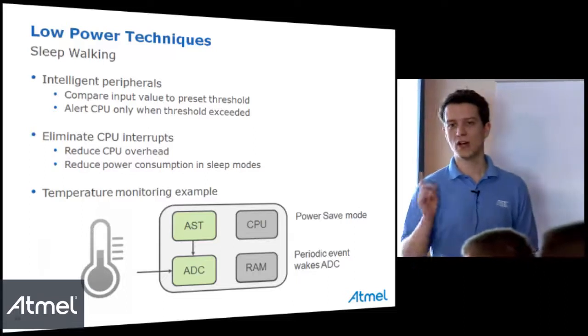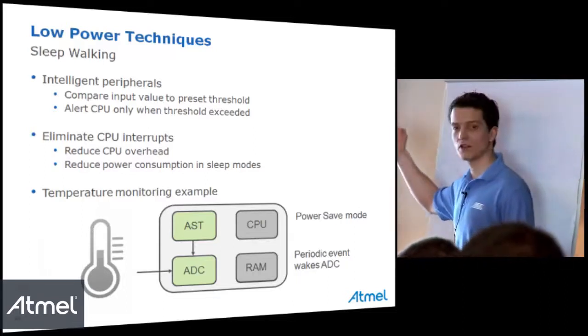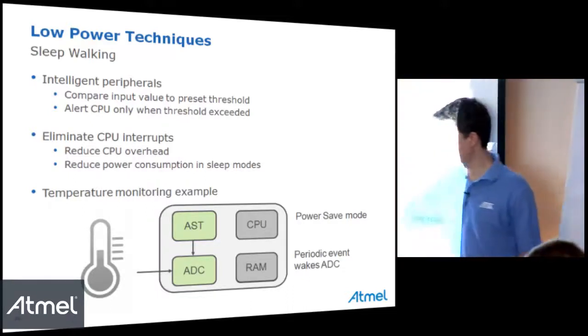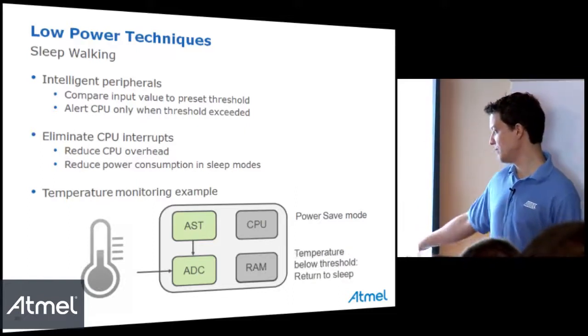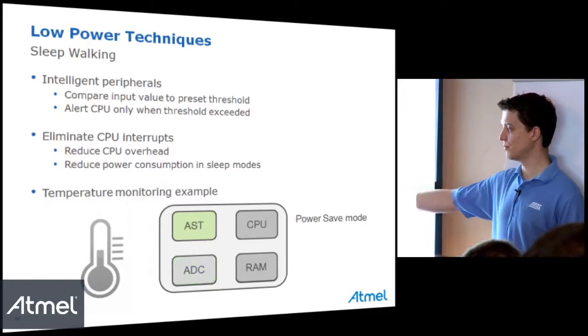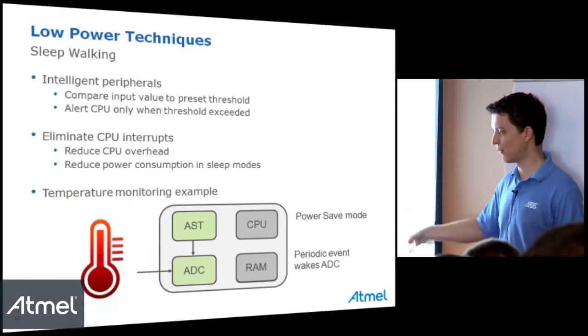Each time the ADC detects the event, it will request its clock from the power manager. Then it will perform the conversion. If the conversion is below a certain threshold, it will automatically go back to sleep. Then at the next event, it will perform the same thing again.